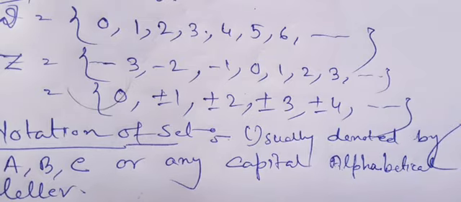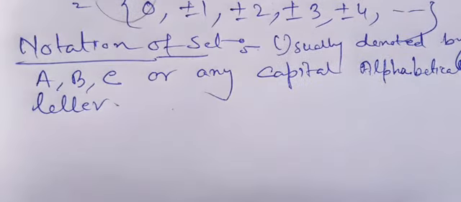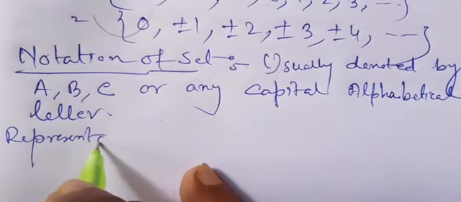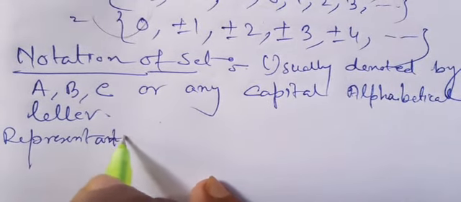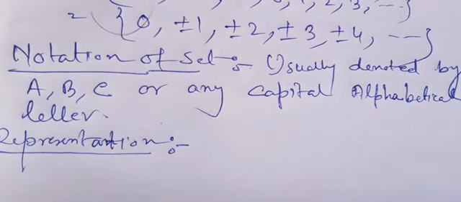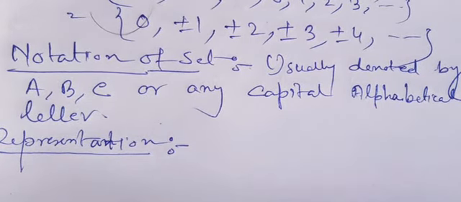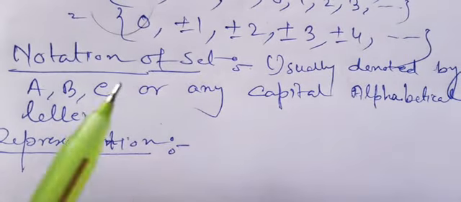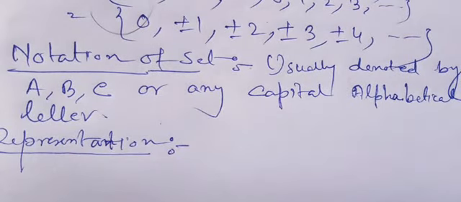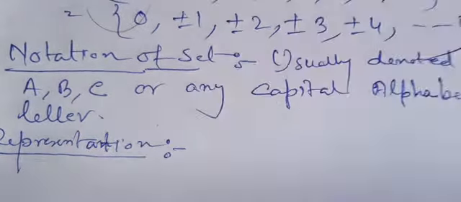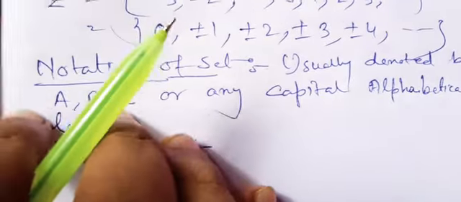Next, come to the representation. The previous representation that I have written is named the roster form of a set.